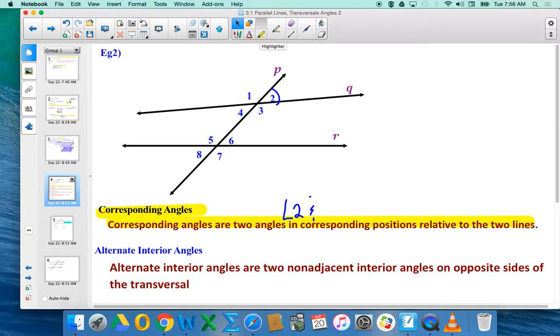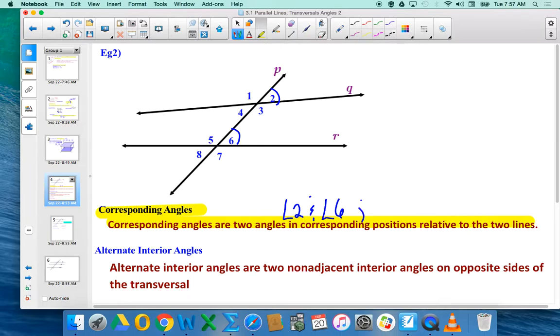It's above line Q. So you're looking for an angle that is above line R on the same side of the transversal. So angle 6 would be corresponding. So angle 6 and angle 2 would be corresponding.